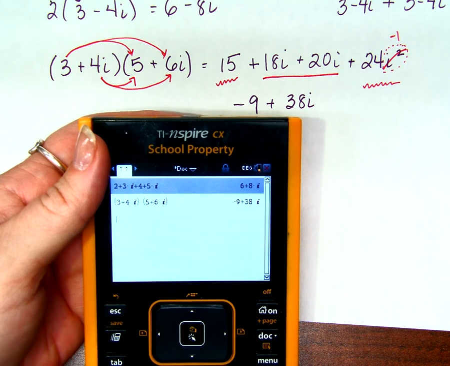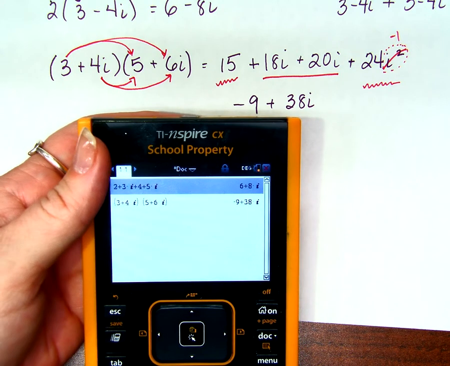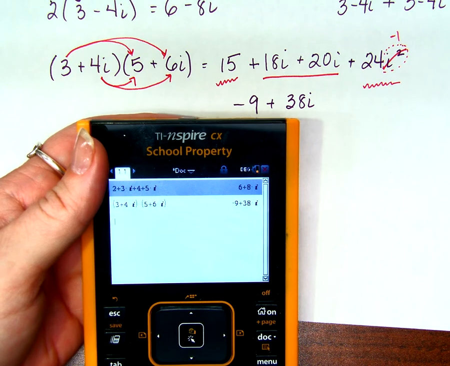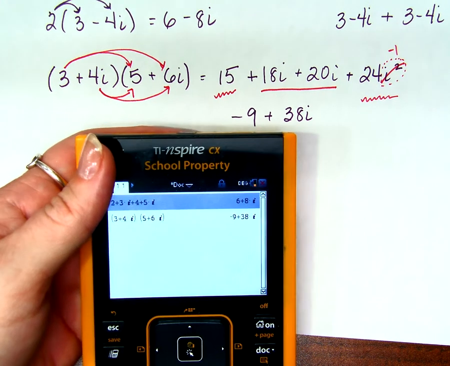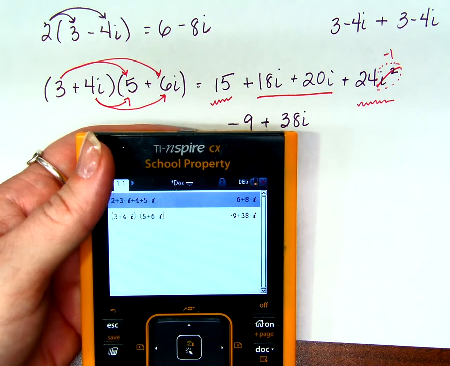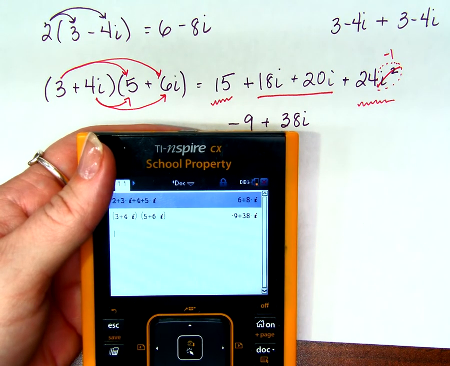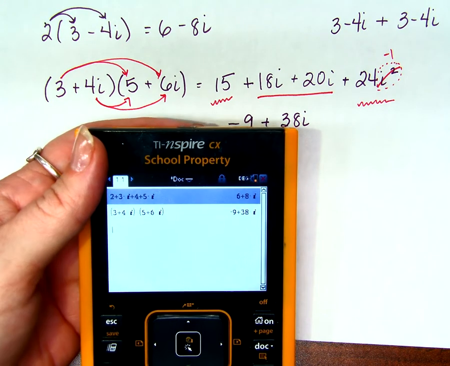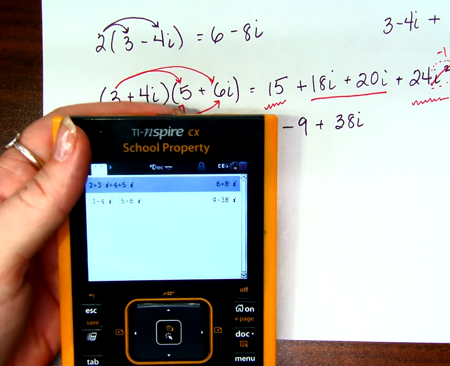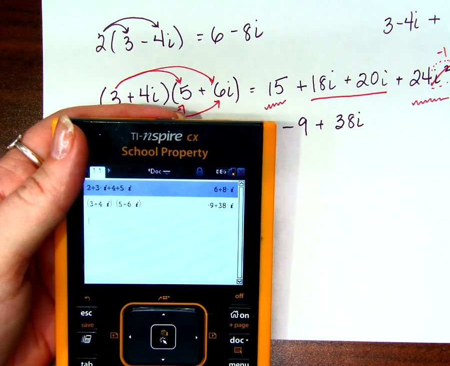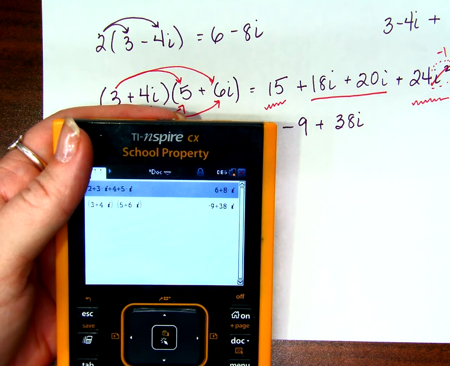Now, do I always want you to use the calculator? I don't. I want you to know how to do it, which is why I showed you how to do it first by hand, right? But do I want you to get bogged down in the arithmetic so that we can't do anything else? No, absolutely not, which is why I show you how to do it in the calculator. Okay? So are you allowed to do these on the calculator when you get to your homework problems? Yes. Okay?